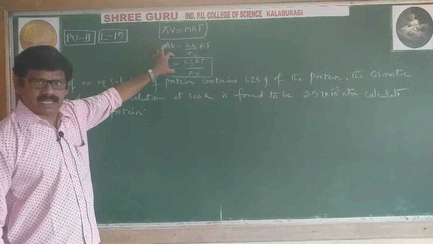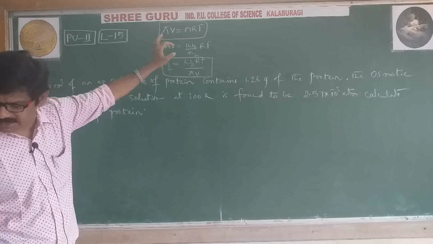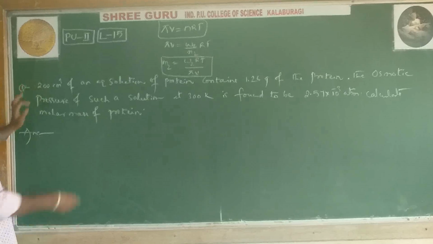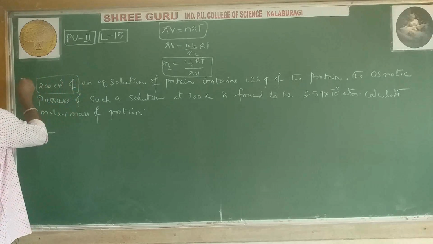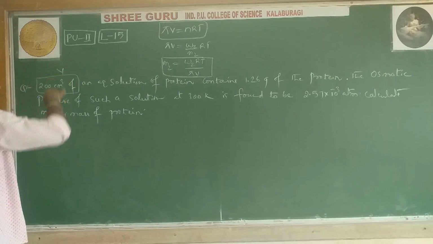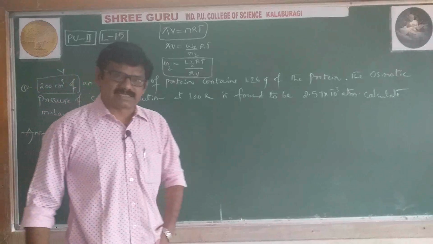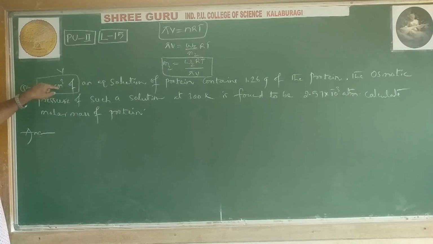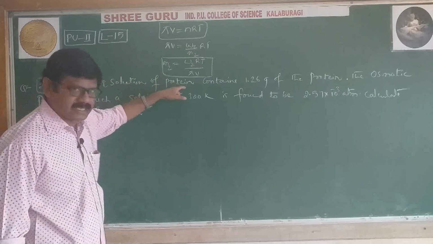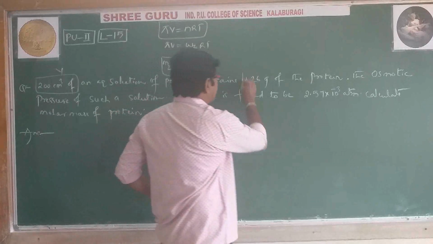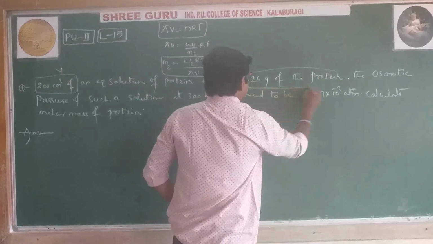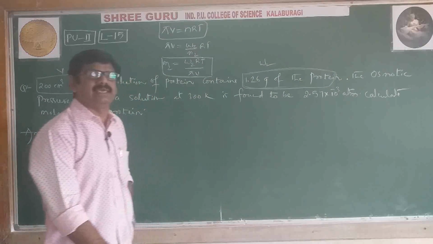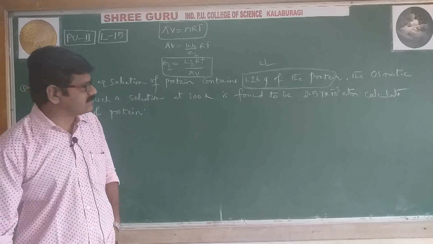Based on this formula, we will solve some questions. One of the questions is like this: 200 centimeter cube of an aqueous solution. The volume is given in milliliters; centimeter cube is nothing but milliliters. The solution of protein contains 1.2 grams of protein, which is W2, the mass of solute.